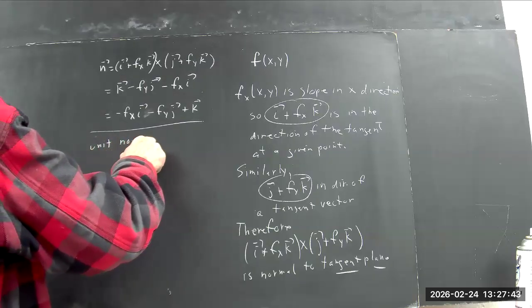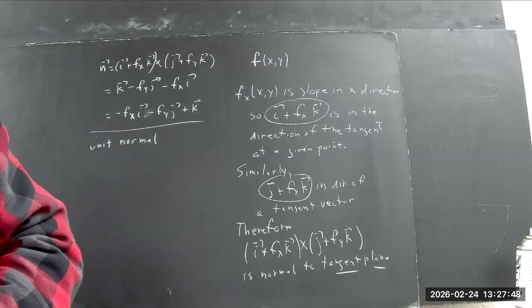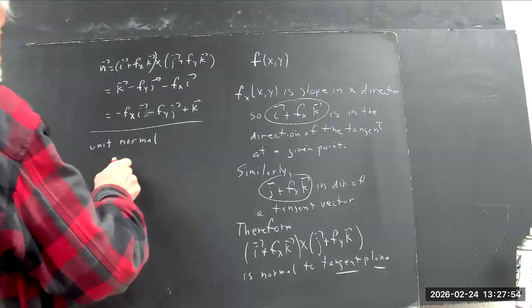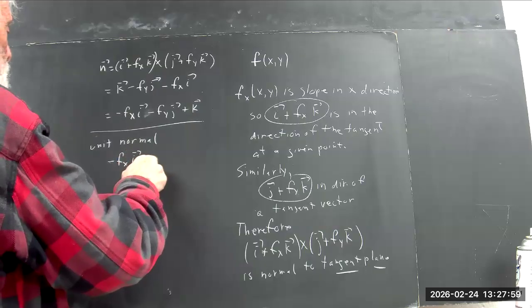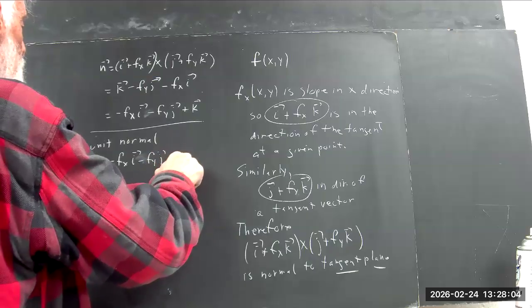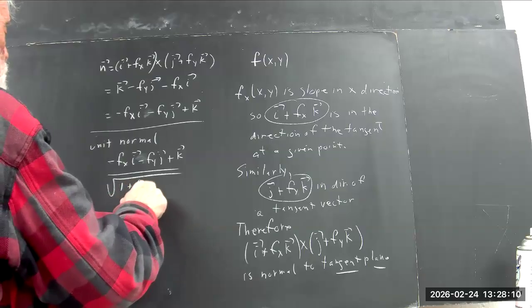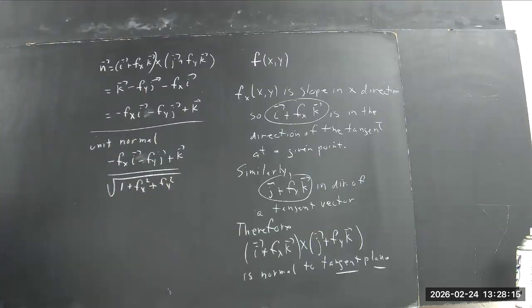If you want your unit normal, and you don't really need it to get the equation of the tangent plane, but there are times when you might want the unit normal, it's just negative fx i minus fy j plus k over the square root of 1 plus fx squared plus fy squared. And that should be obvious. Pythagorean theorem, basically. Okay.